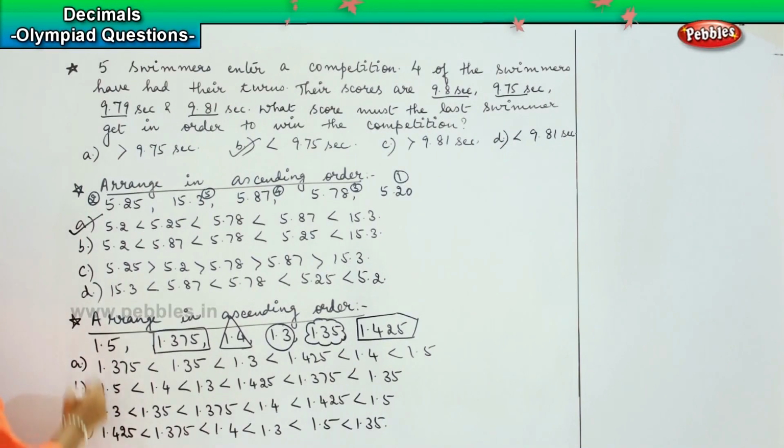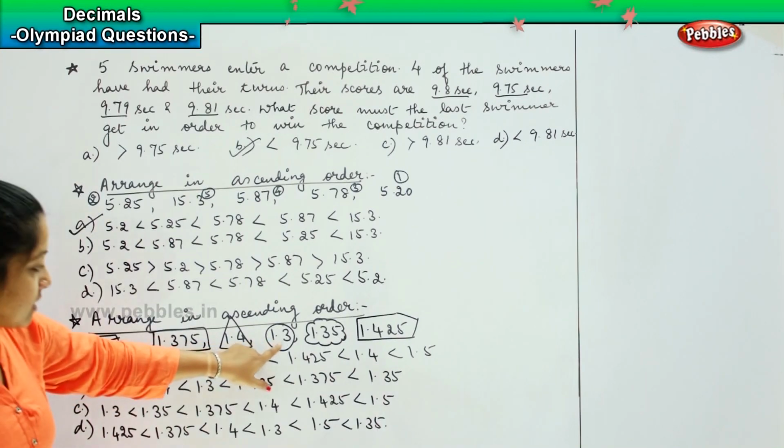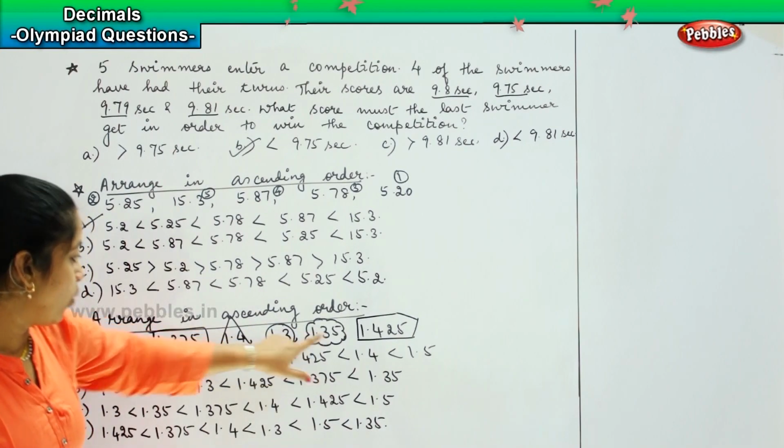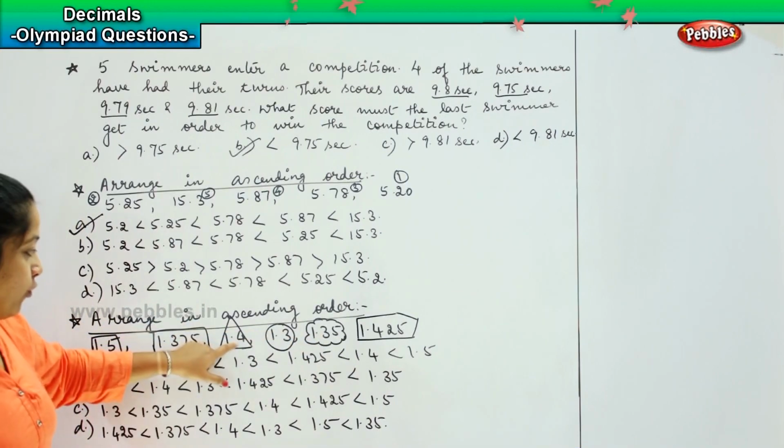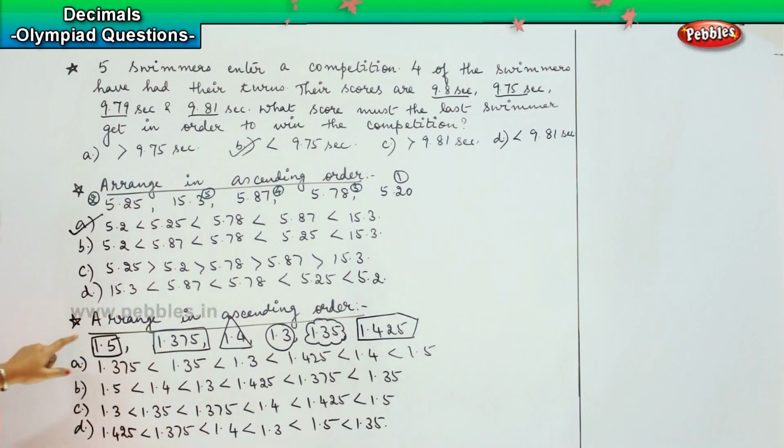And the last one will be 1.5. Okay. So why I have given it with a different shape is so that it is easy for you to identify. So this is number 1, then number 2, 3, 4, 5, and 6.